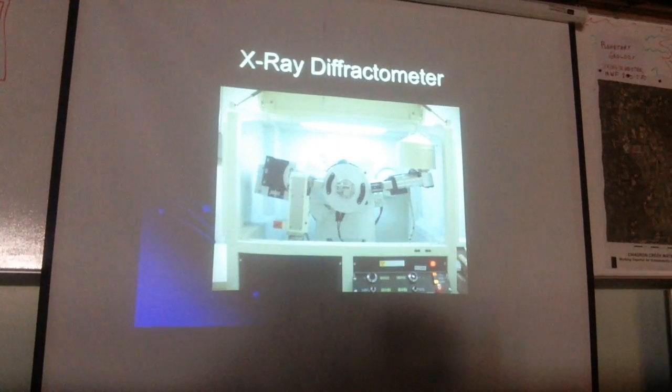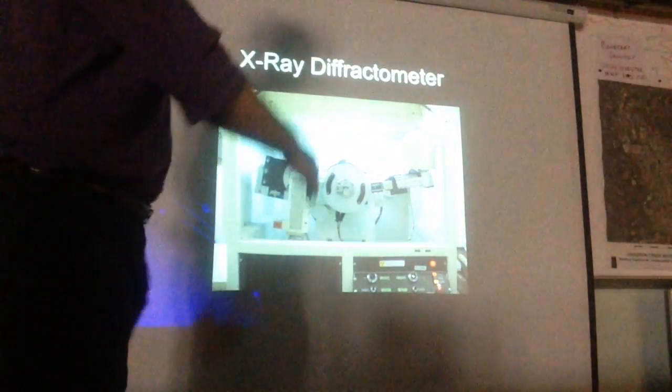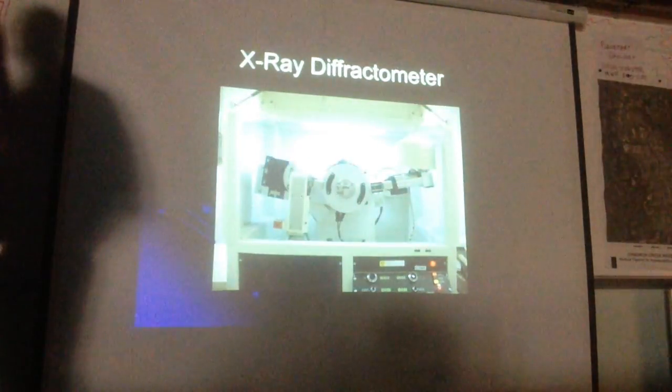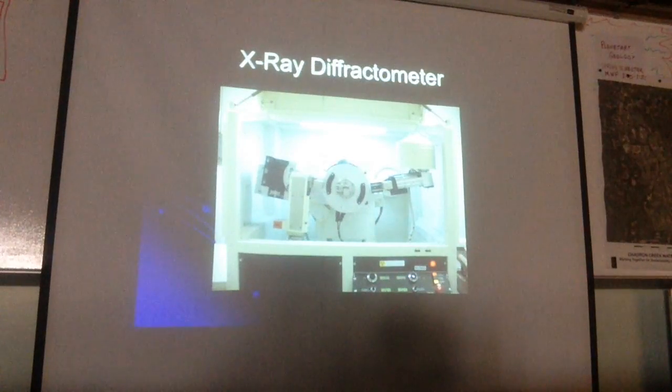What would be the benefit of putting it at 90 degrees? I don't really see anything. Well, it depends. There are certain minerals that are picked up by the XRD based upon what angles it scans.